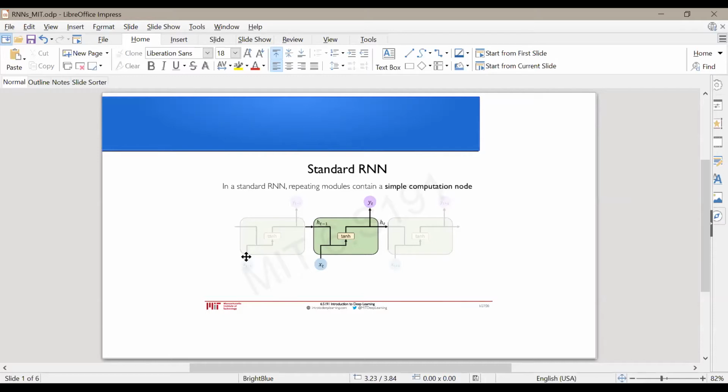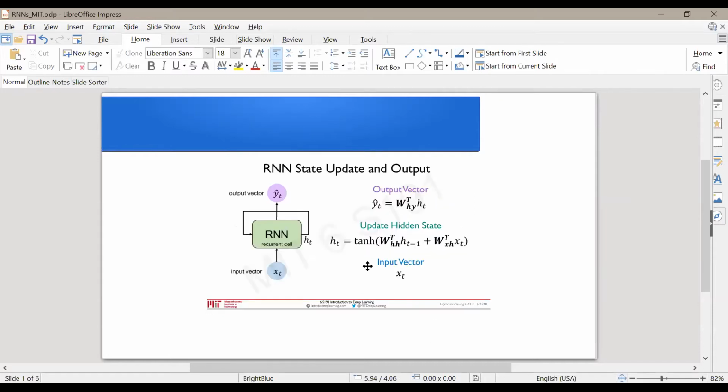Okay, next slide. Page down. And this is a schematic for what it looks like. This HT going back in is kind of a schematic that says, repeat this thing T times along the line, and we'll see what that looks like. But the main thing is to look at the computations of how the output gets computed from the input.